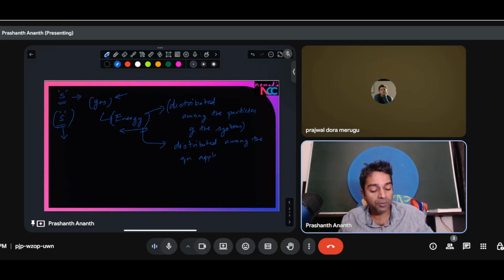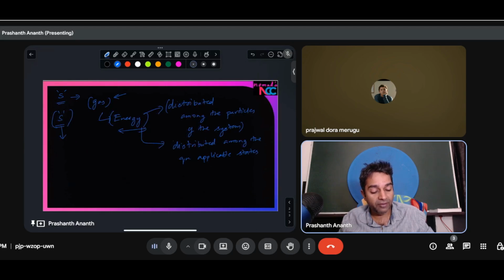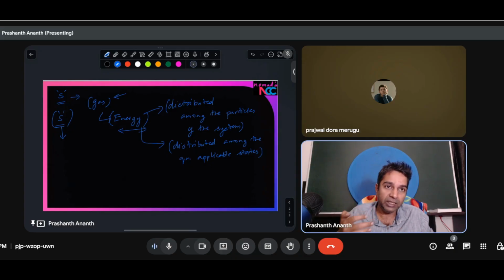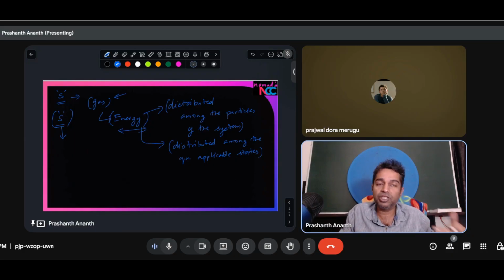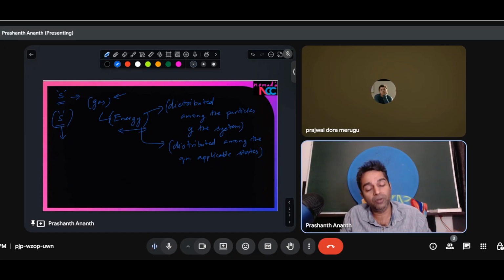Think of it as quantum applicable states. Whatever applicable states are there, the energy is distributed into those. So the many different ways in which this distribution can happen is ultimately what is called the entropy of that system. The greater the number of ways in which the distribution can happen, the greater the entropy of the system. That is another way of looking at it.